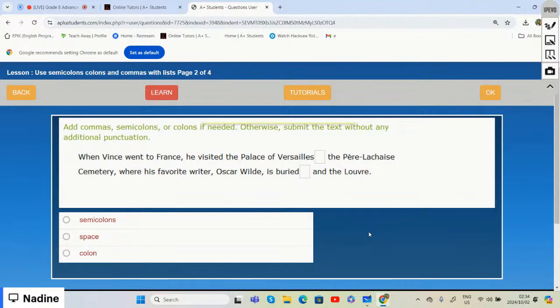The Père Lachaise Cemetery, where his favorite writer Oscar Wilde is buried, and Louvre. Oh, guys, I think these are French words. So we now need to either add commas, semicolons, or colons. So now are we going to use option one, semicolons, option two, a space, or option three, a colon?